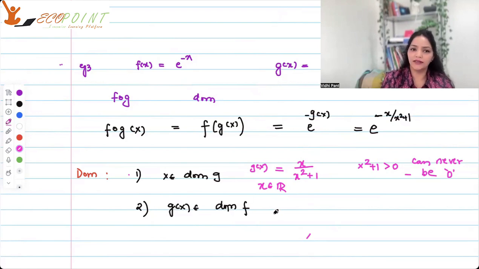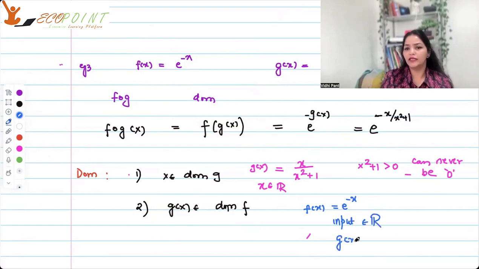And g(x) should be in the domain of f. f(x) is e to the power minus x. So the condition is that the input should be a real number. Well, g(x) is a real number. No matter what x you put, whether it's negative or positive, you will get a real number.